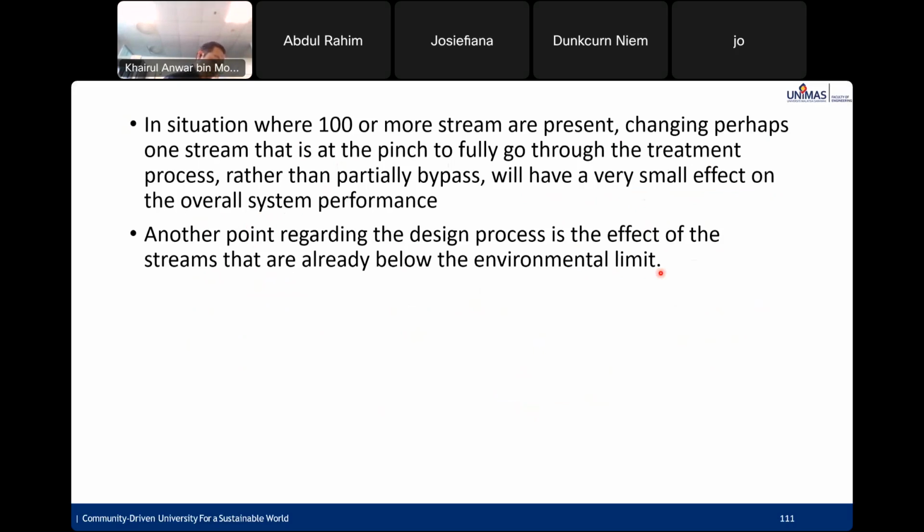But in real time, it is possible to treat all the contaminants in streams that fall under group 2.